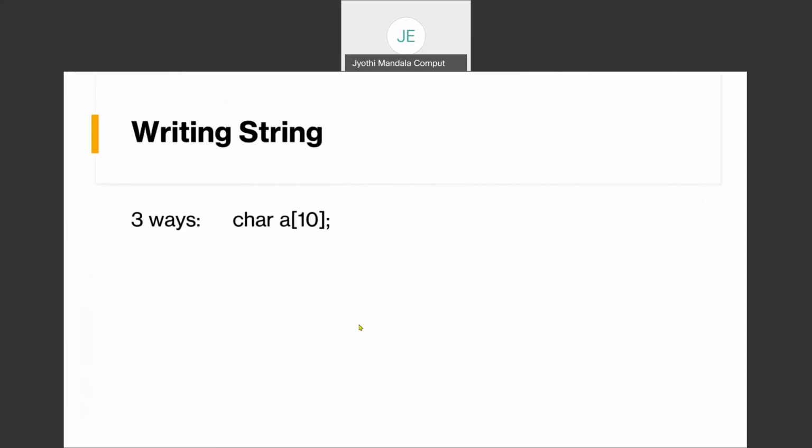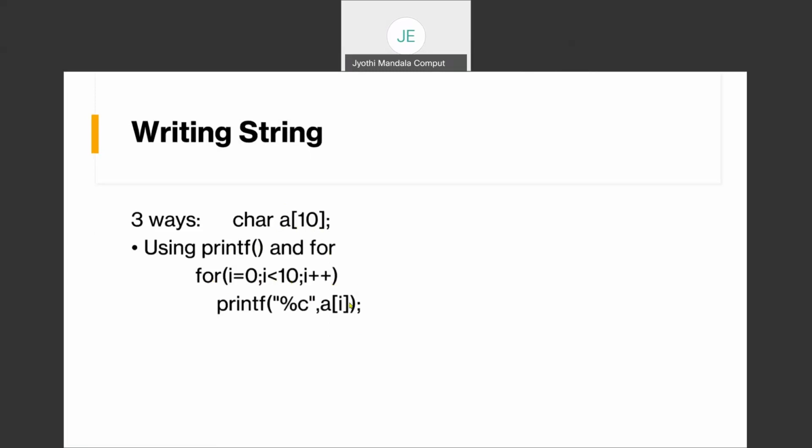Let us consider you have declared a character array like this and you have stored the value also. Then you can use a printf statement in combination with the for loop. Why? Because you are using a character array. You can use a for loop because the size is 10: i equal to 0, i less than 10, i plus plus, and you can write a printf statement because you are displaying individual characters. So the format specifier will be %c.